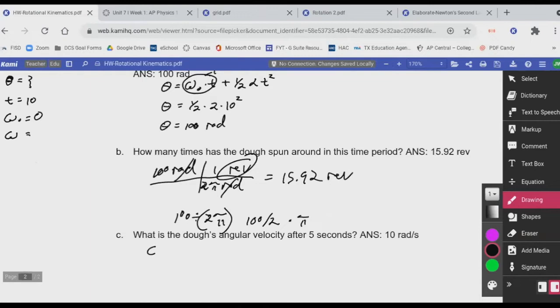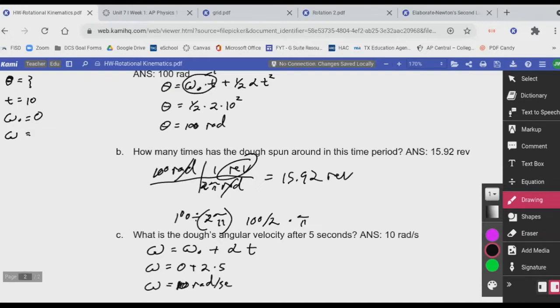Final angular velocity is equal to initial angular velocity plus alpha times time. So initial is 0, so we can put the 0 in if you like, plus 2, which is the acceleration, times 5, which is the time. That equals 10 radians per second.